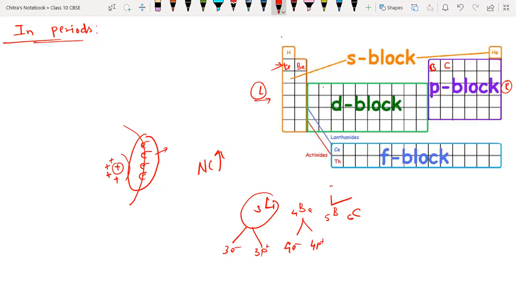For boron, we have 5 electrons and 5 protons. So with an increase in electrons, protons also increase in the nucleus of an atom. If the number of protons increases in the nucleus, it is called nuclear charge increases.